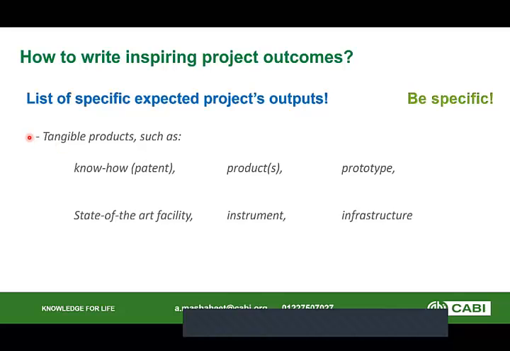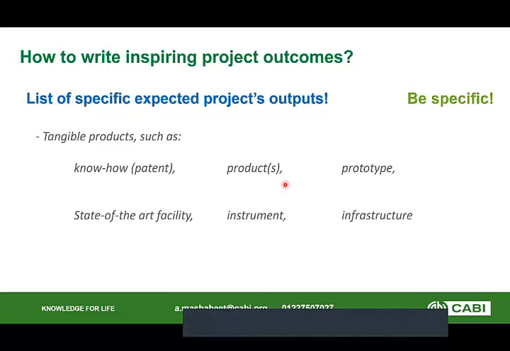We could start with the tangible products. These are things that are physical, that people can see, touch, use. So something like a know-how or a patent that you could achieve, maybe a product or products, depending on the size of your project, or maybe a prototype. So you take an idea and advance it to a prototype, or maybe advance that to an actual product.